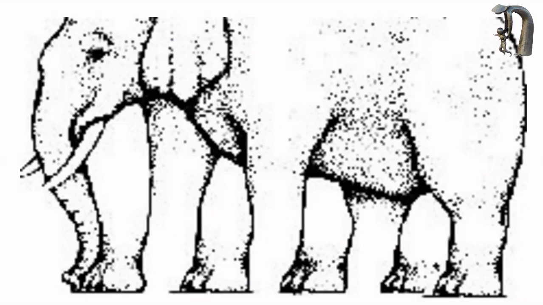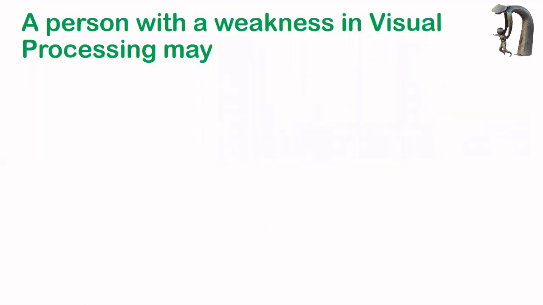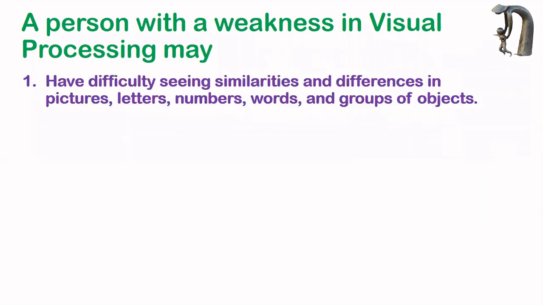Perception, how it works. Then a person with a weakness in visual processing, what deficits do they have? They have difficulty seeing similarities and differences in pictures, letters, numbers, words, or a group of objects.